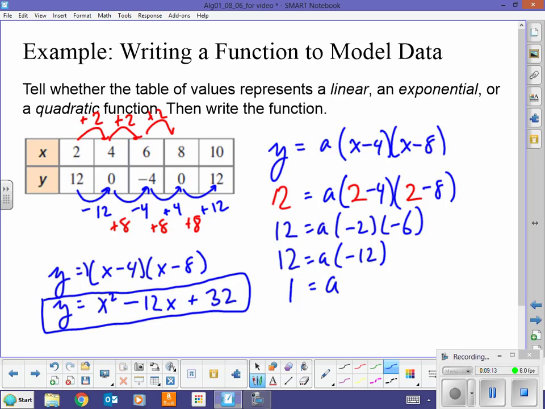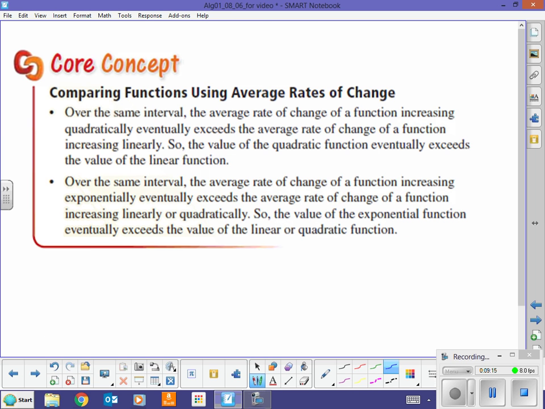Let's see what we've got next here. Comparing functions using average rates of change. Over the same interval, the average rate of change of a function increasing quadratically eventually exceeds the average rate of change of a function increasing linearly. So what does that mean?